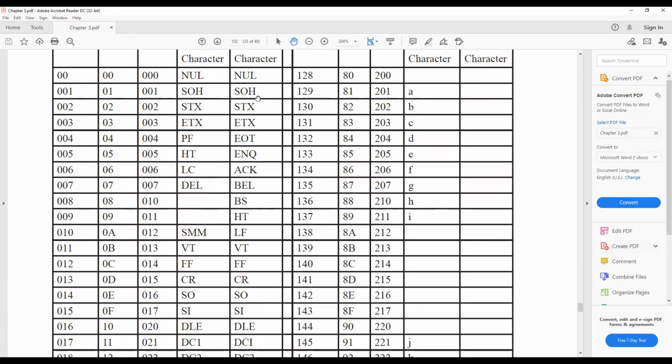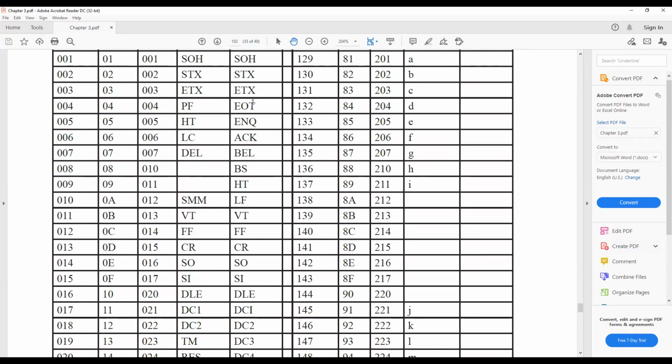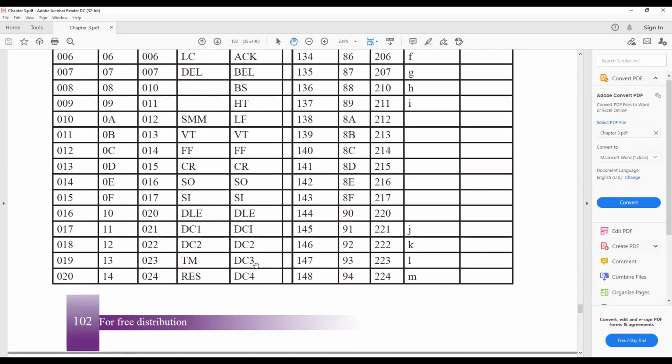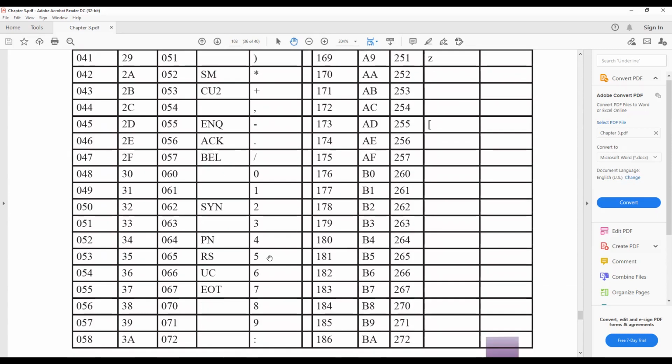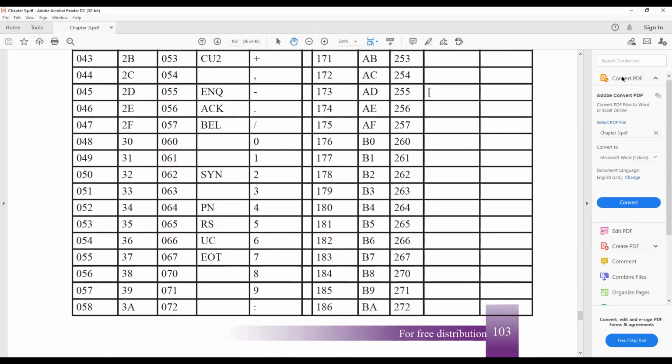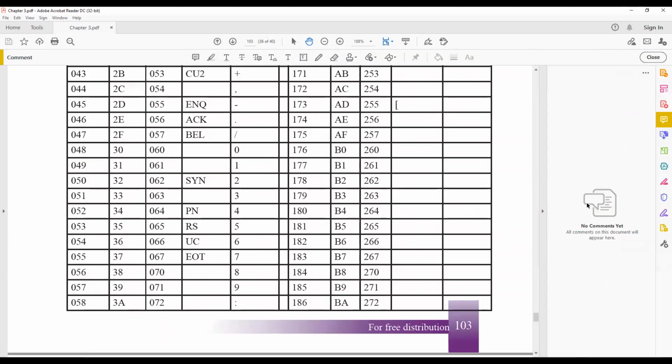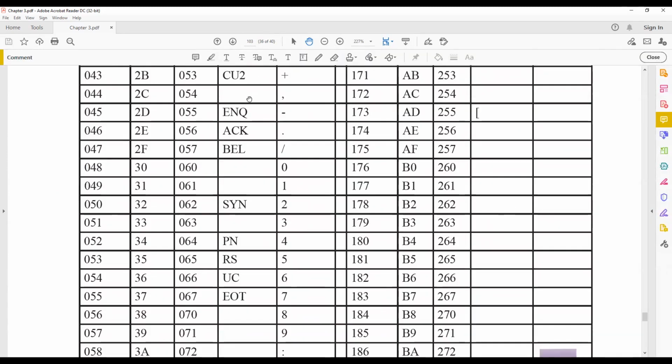Let's first of all look at how numbers are represented. So we have to go to the fifth column. If you go along this fifth column, you will see 0 here. Let me select this, I'm going to use a highlighter. So this is the first one, 0. That means the decimal value it represents is 48.